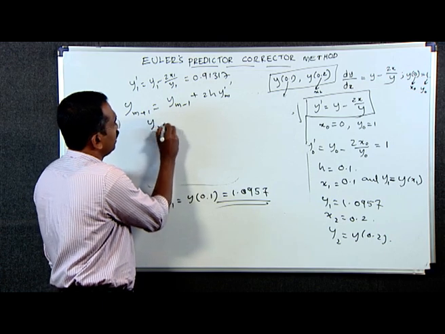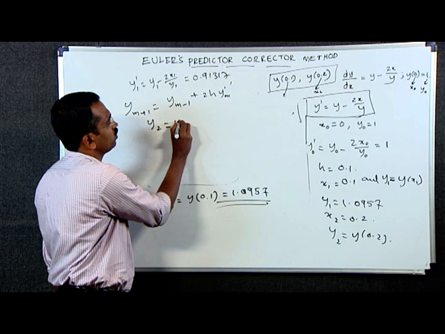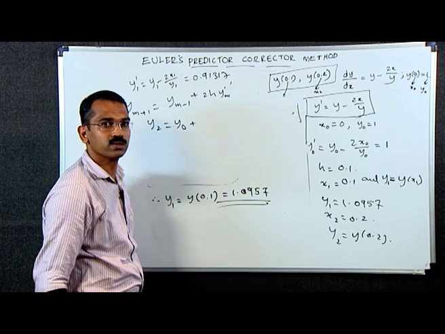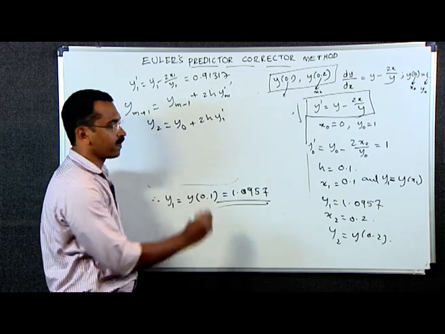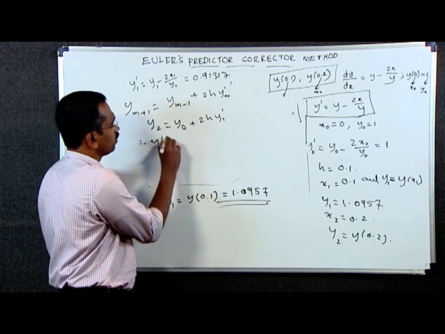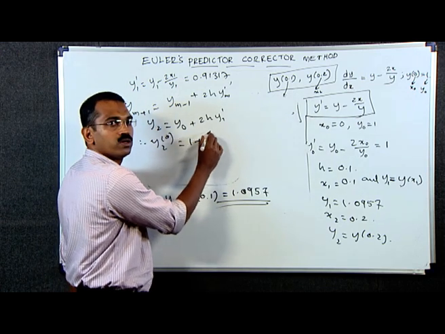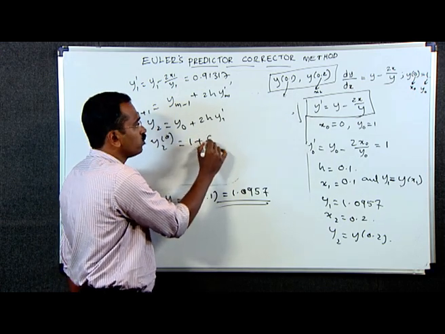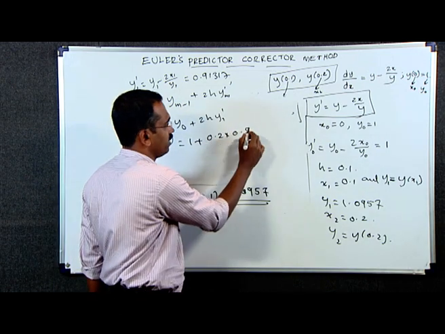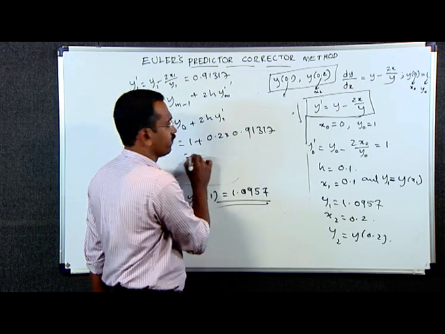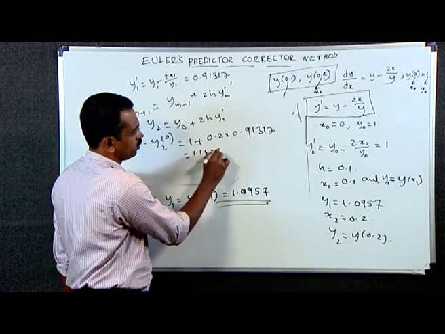That means for m is equal to 1, we can write y2 is equal to y0 plus 2h into y1 dash. Therefore, y2 0 is equal to 1 plus 0.2 into 0.91317, which is equal to 1.18263.